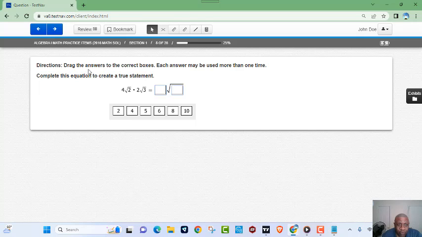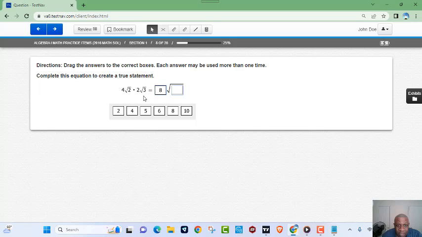Okay, directions. Drag the answers to the correct boxes. Each answer may be used more than one time. Complete this equation to create a true statement. So we have 4 radical 2 times 2 radical 3. Anytime you have a question like this, the simplest way to answer is to multiply the integers by the integers. 4 times 2 is 8. So I take the 8 and put it right there.